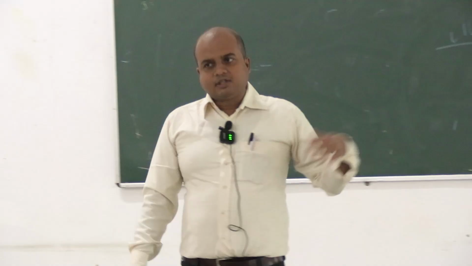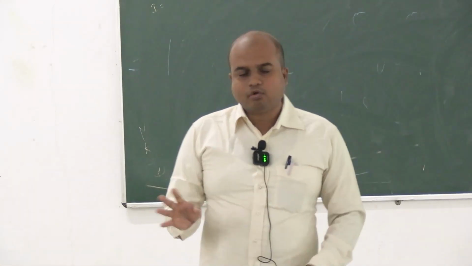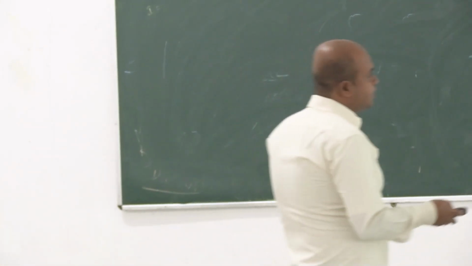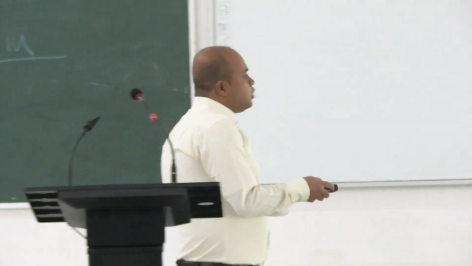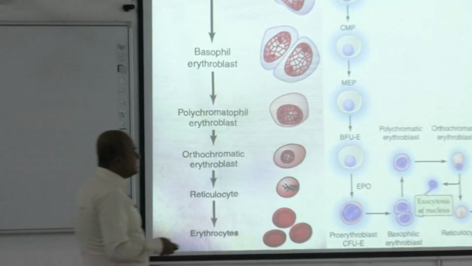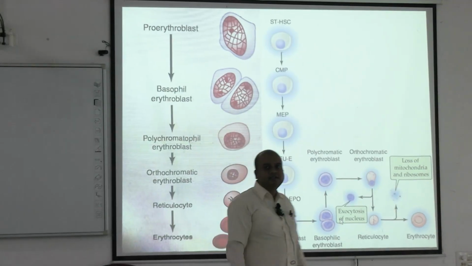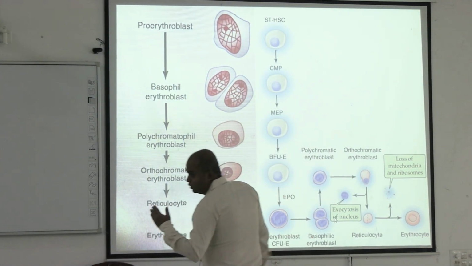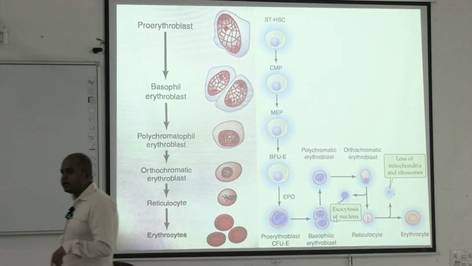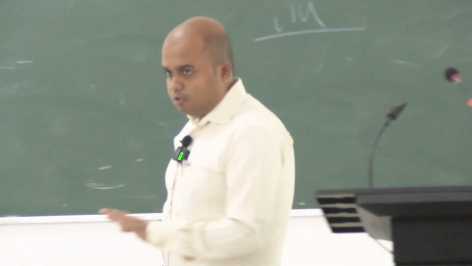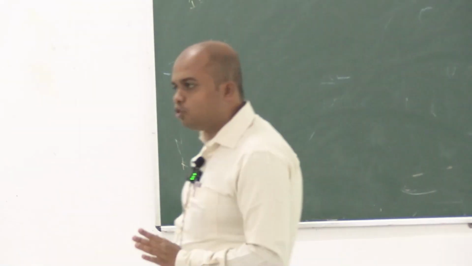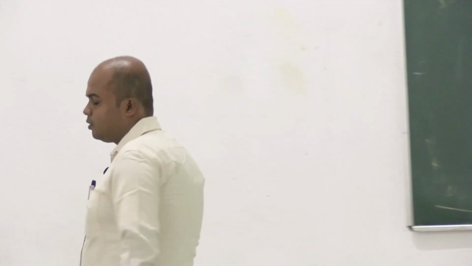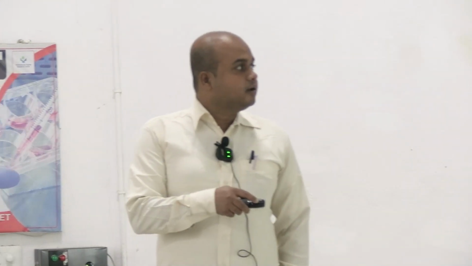What you have to note is that the mature RBC is a non-nucleated stage, and after the orthochromatic erythroblast stage, the nucleus is exuded. Reticulocytes, the immediate precursors for erythrocytes, are also non-nucleated. Up to the orthochromatic erythroblast, these cells are nucleated.